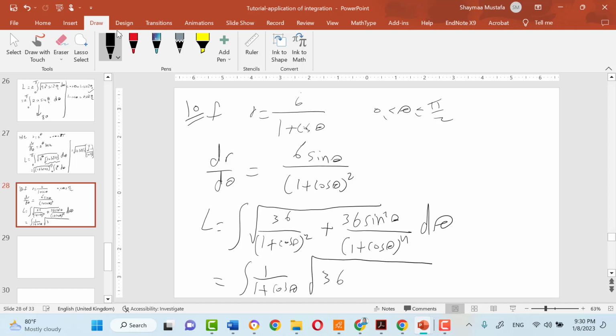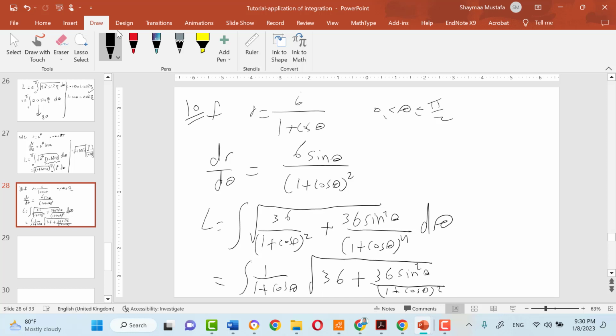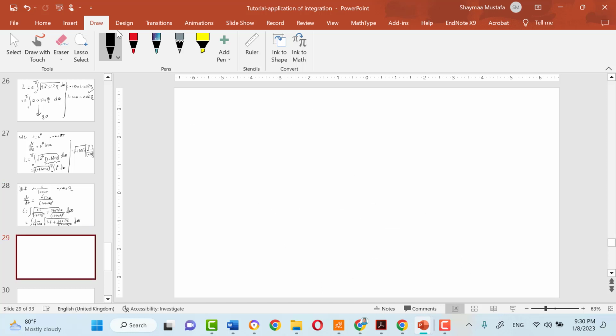So here we have 36 plus 36 sine square theta over (1 plus cosine theta) square d theta. Now you can take 6 outside also.